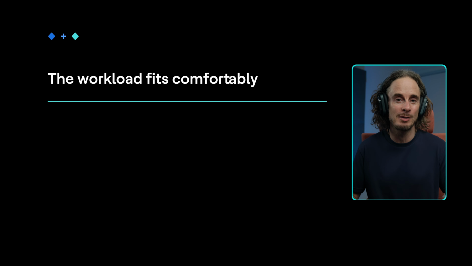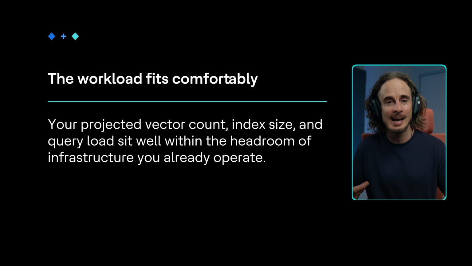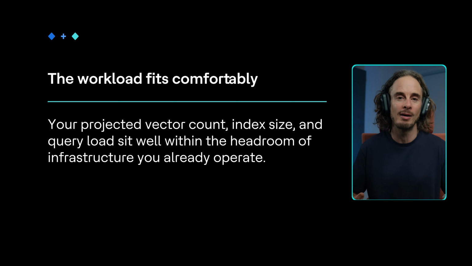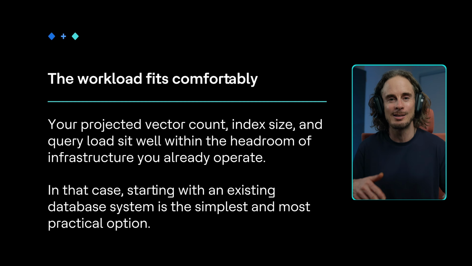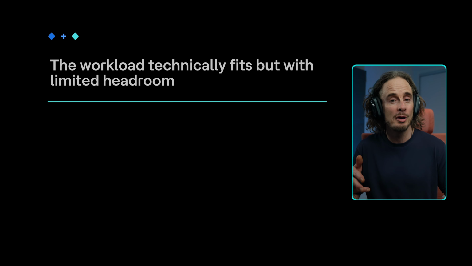Once you've worked through those questions, the answers usually place you into one of three buckets. The workload fits comfortably. Your projected vector count, index size, and query load sit well within the headroom of infrastructure you already operate. In that case, starting with an existing database system is the simplest and most practical option. The workload technically fits, but with limited headroom.